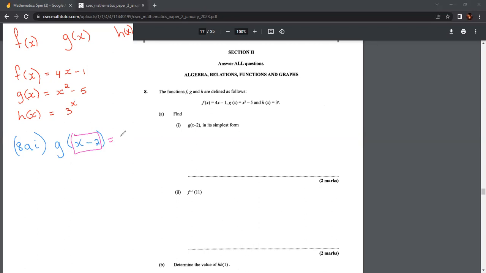So g of x is actually x squared minus 5. So where I have x, I'm going to replace my x with x minus 2.